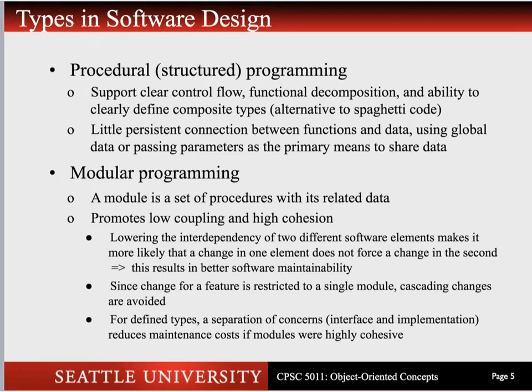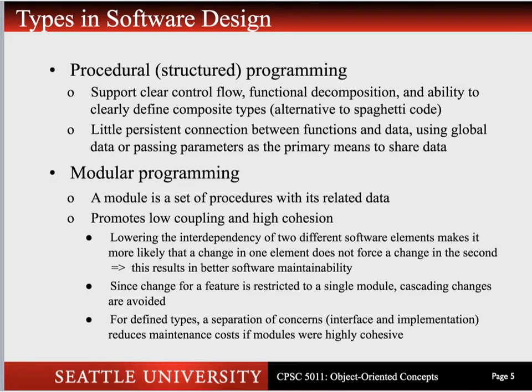As development of software became more costly because the solutions were becoming more and more complex, there was a proliferation of what we call spaghetti code, which is code that had little inherent structure and no discernible control flow. This software was very difficult to understand, test, and modify when its control flow cannot be easily traced or predicted.